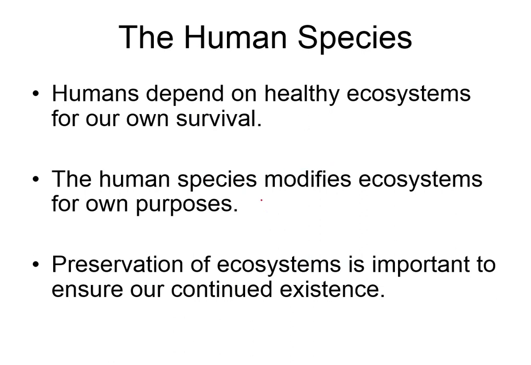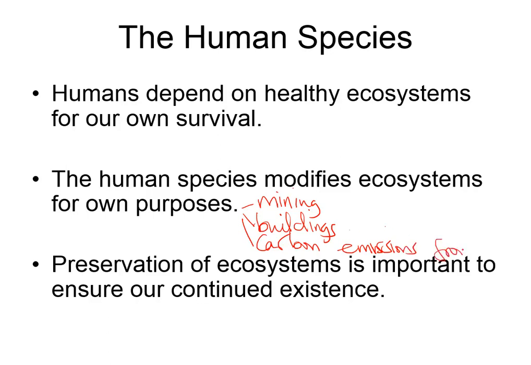There are several ways we can modify the ecosystem: mining, buildings, and carbon emission from cars and the like, factories, etc. These can affect the ecosystem.